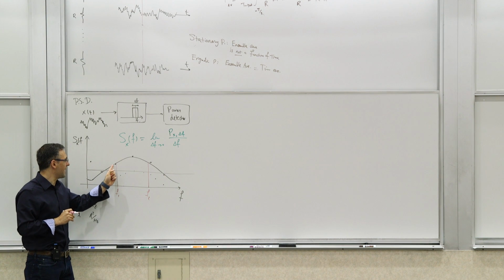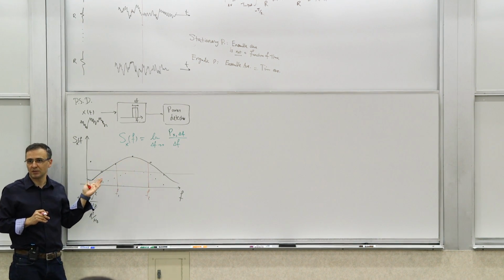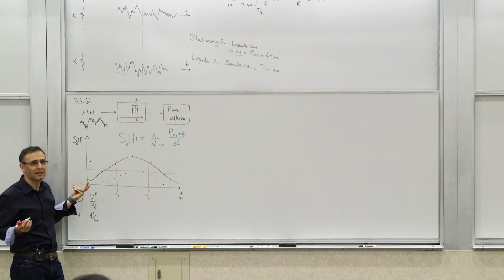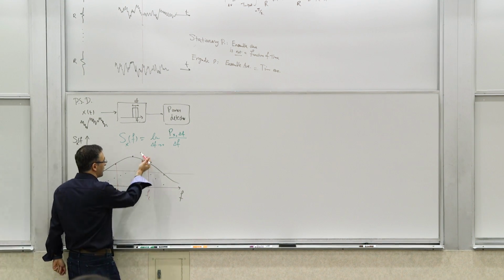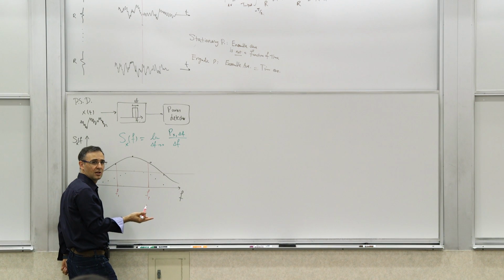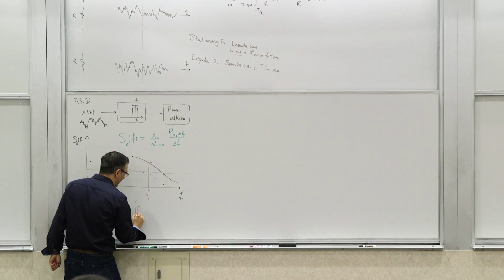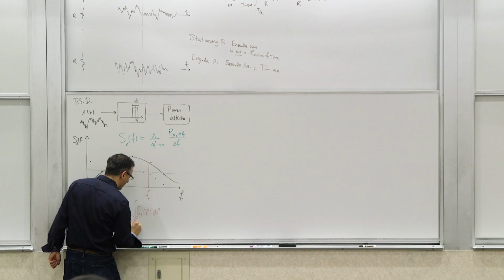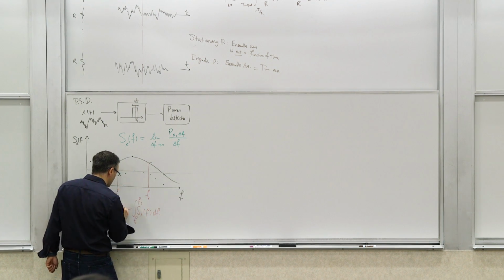It's clear that only the energy confined between these frequencies will go through, right? And what is the amount of that energy? Well, this is the density function, so it's very simple, almost by definition. It would be the integral of this thing from F1 to F2, which is the power between F1 and F2.